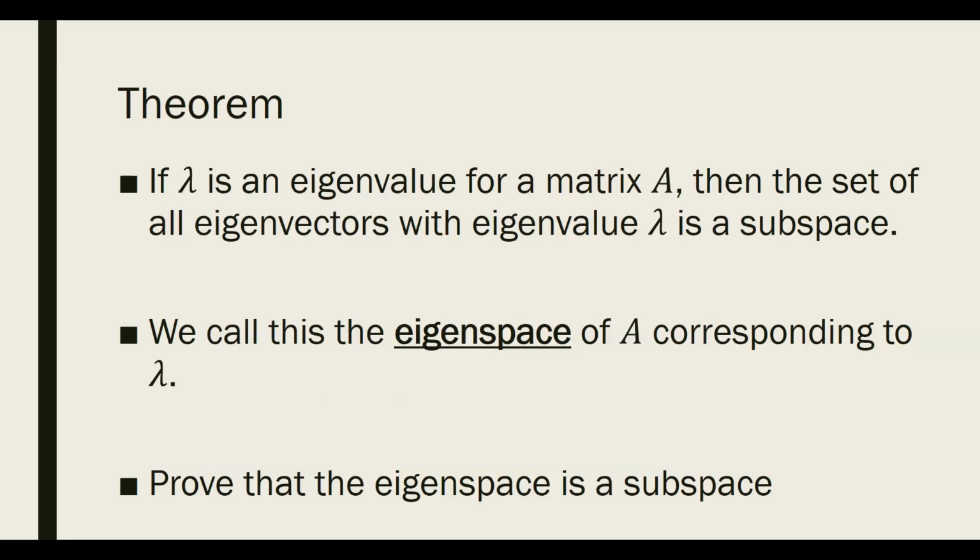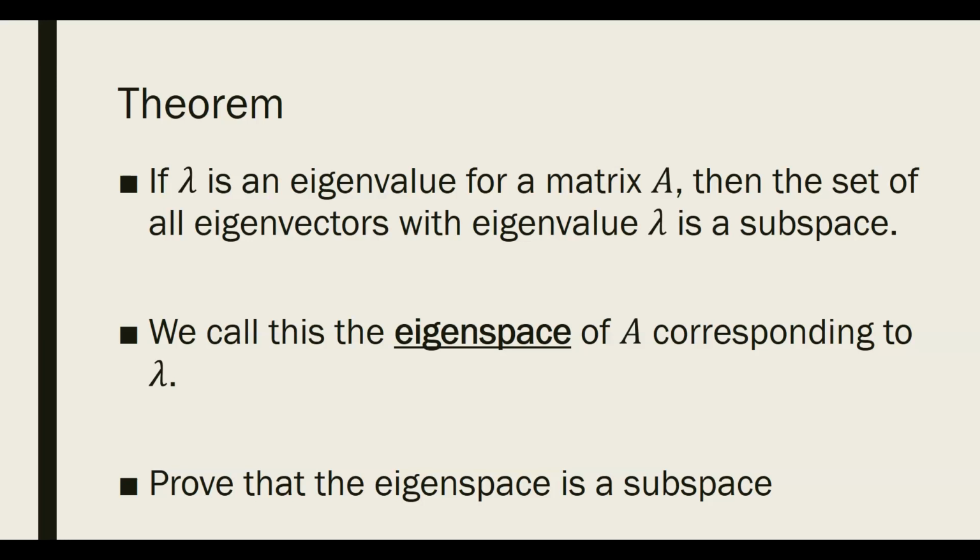All right. And it turns out the eigenspace is a subspace. So it's a subspace of whatever Rn that I'm in. So whatever vector space that I'm in, my eigenspace is going to be a subspace of that vector space.